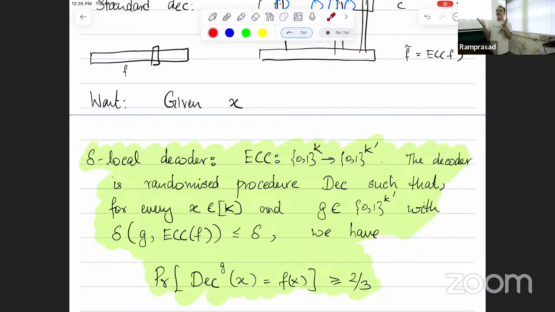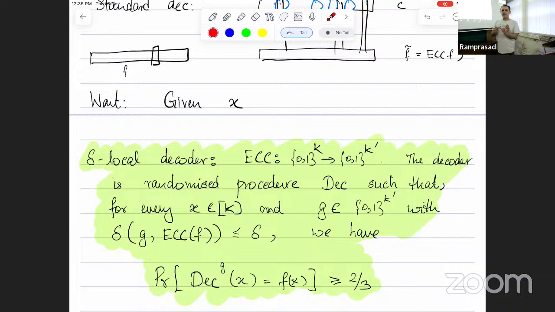A local decoder is just some randomized decoding procedure which has the following guarantee. For every specific point X that you care about, that location you care about, and somebody gave you a received word, which is G, basically the truth table of the circuit C tilde is playing the role of G. You're given the promise that G is actually delta close to an actual encoding F. Then I want this decoder to be able to return the value at X with high probability.